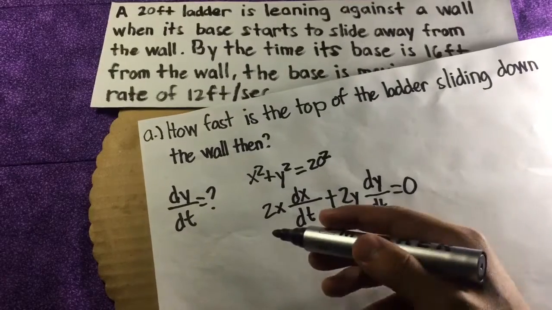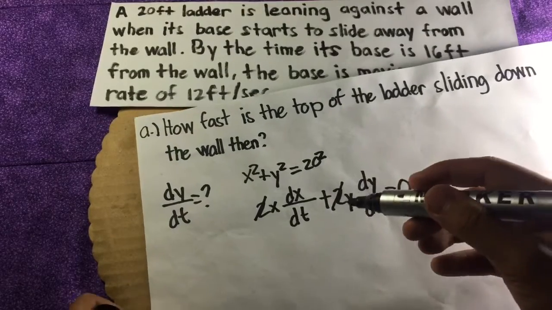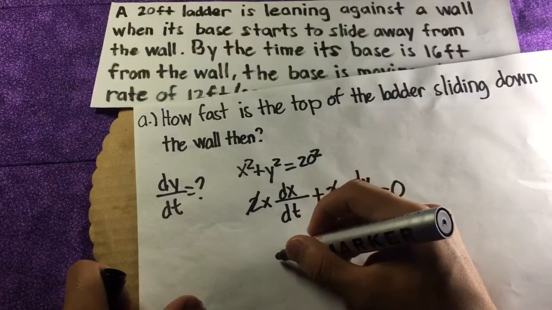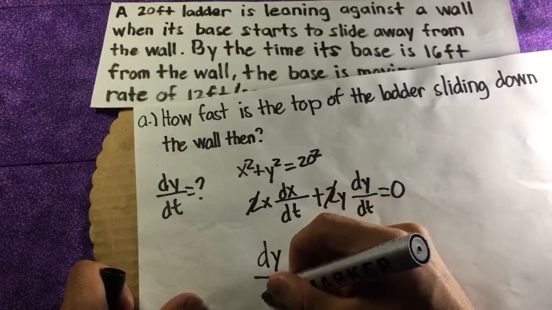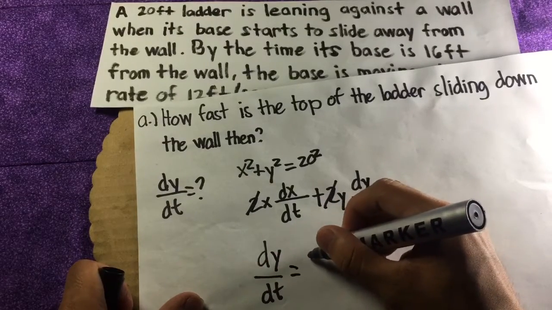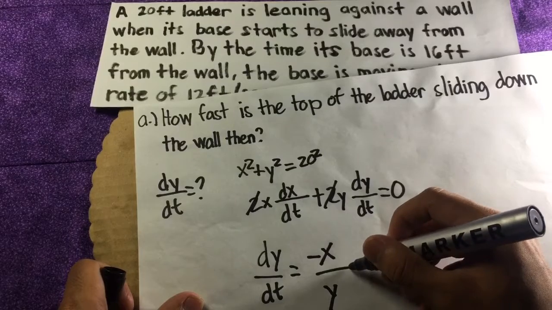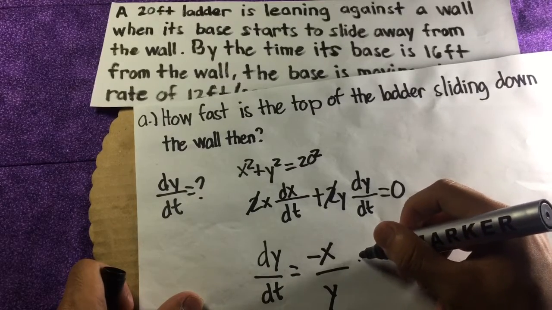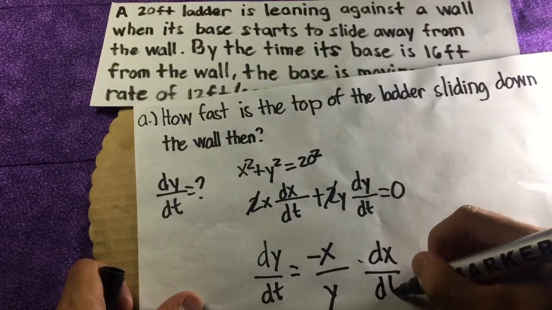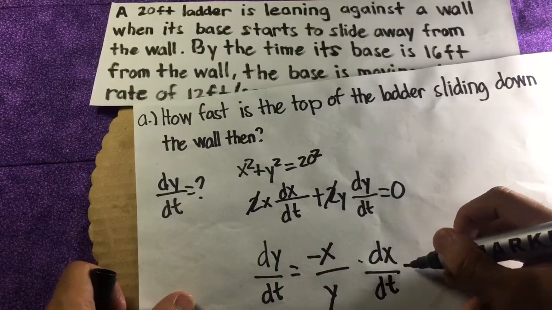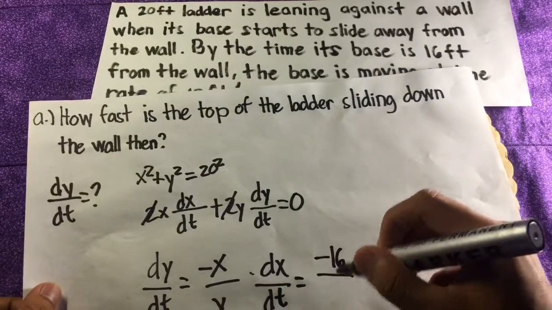First we cancel the 2, so that x and y will be the remaining, and then dy over dt is equal to negative x over y times dx over dt. So this one, our x is 16, our y is 12.